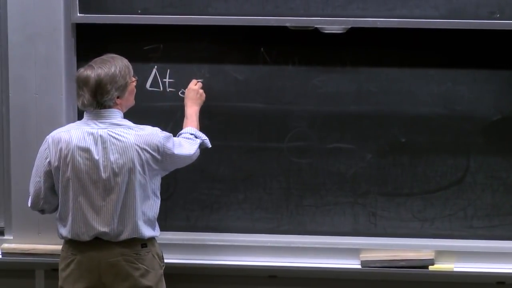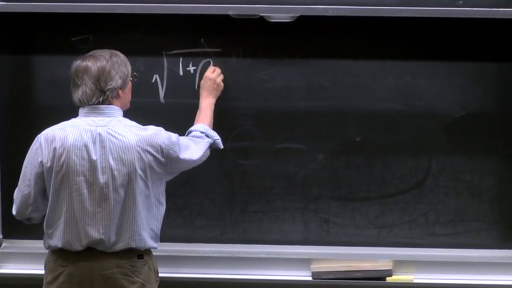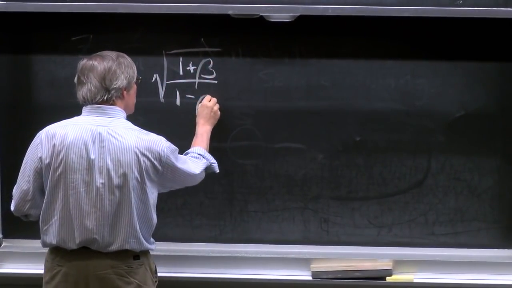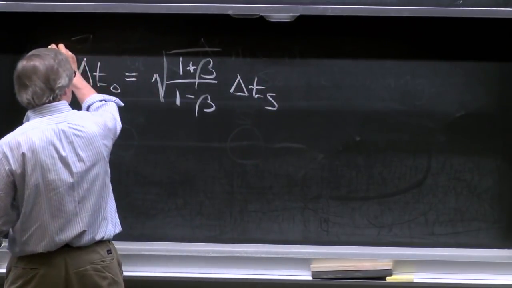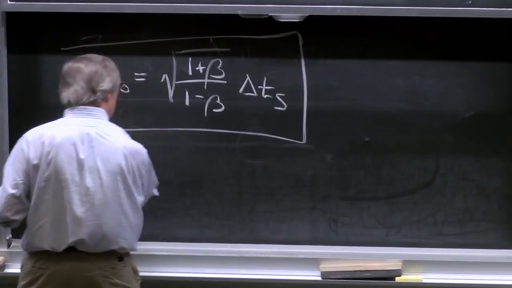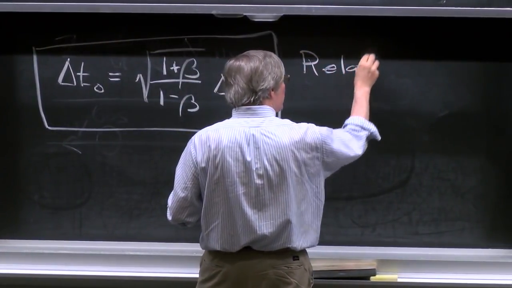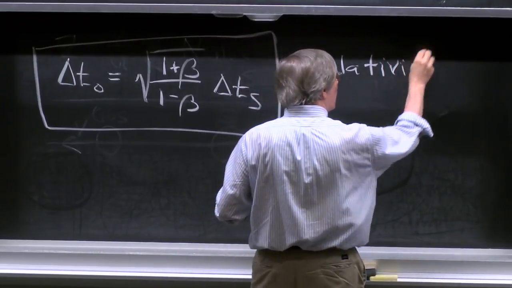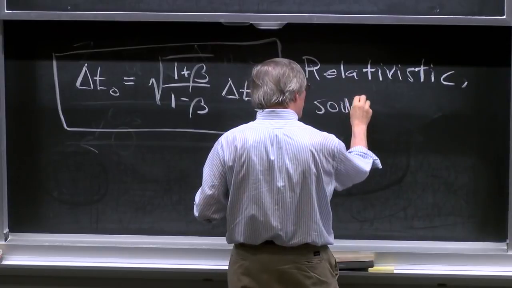Delta t sub 0 is equal to the square root of (1 plus beta) divided by (1 minus beta) times delta t sub s. And now we know that this is the relativistic answer for either source or observer moving.